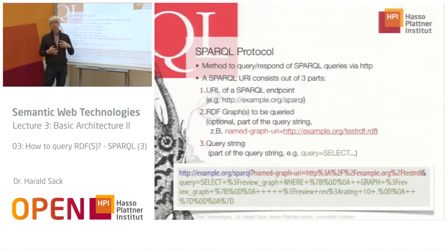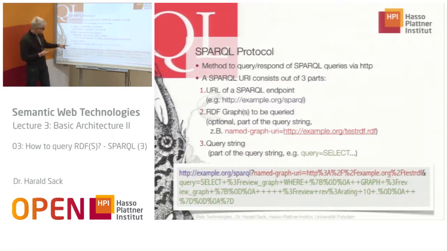And then you can put it all together. First of all, you will have the address of the SPARQL endpoint in your SPARQL query, which is nothing else than an extended URI that will be put through via the HTTP protocol to the SPARQL endpoint.